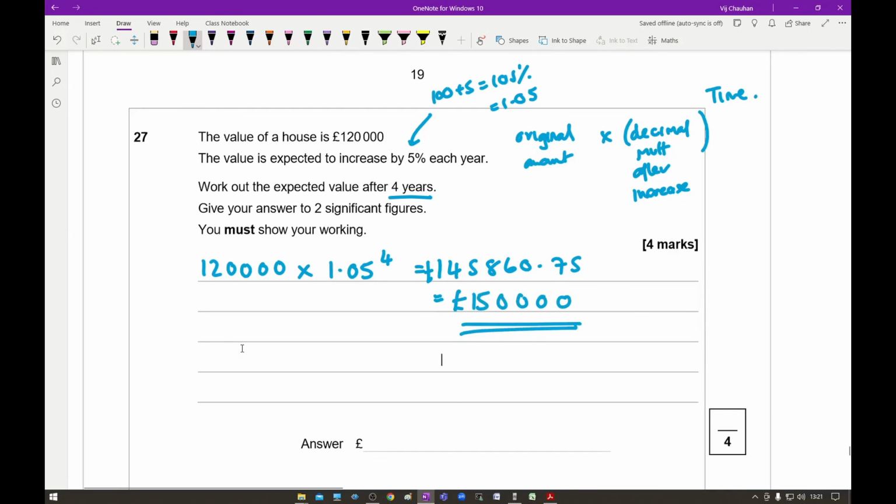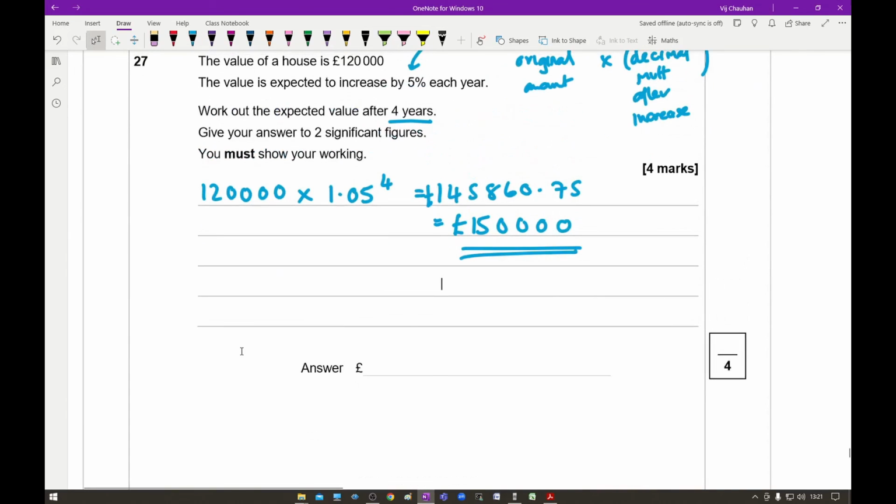Now again, if you've done it the more long-winded way, first of all we've got 120,000 and then we add 10%, so times by 1.1, sorry, not 10%, 5% rather, I don't know where I got that number from.